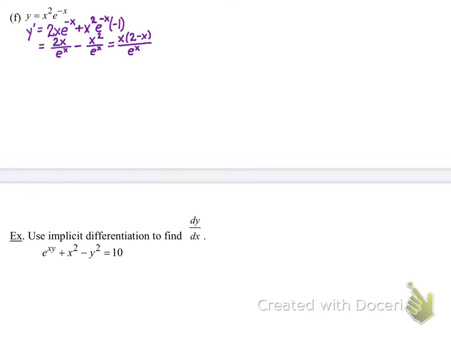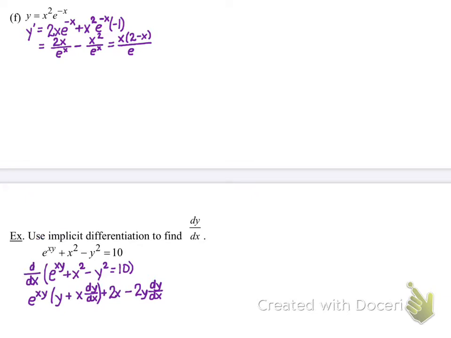Now we're going to use implicit differentiation to find dy/dx in e to the xy plus x squared minus y squared equals 10. We have some e to the x craziness. We have product rule on top. So we've got some crazy things going on. And if you look carefully, I brought down the normal, the e to the power. Then I took the derivative of the power, which would be the derivative of the first, times the normal of the second, plus the normal of the first, times the derivative of the second.